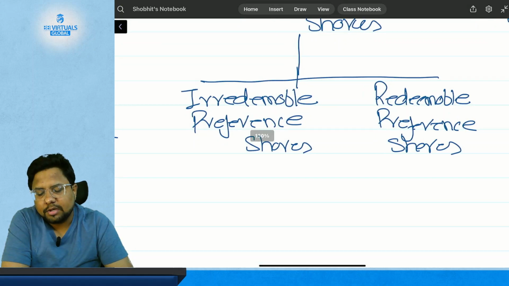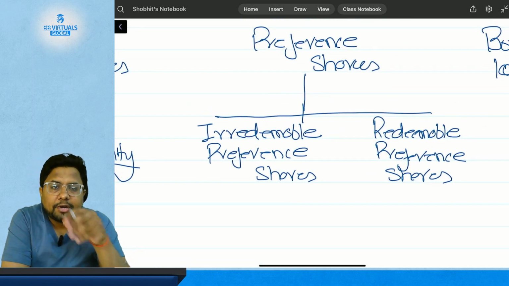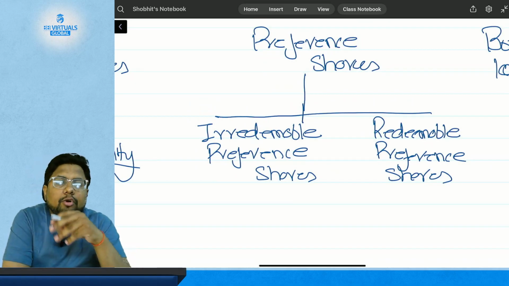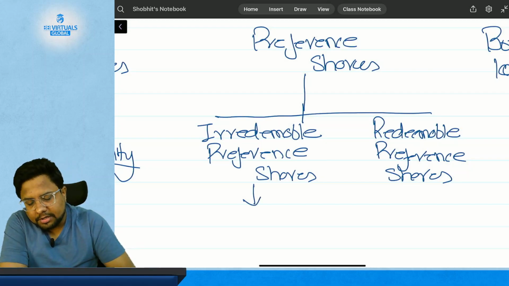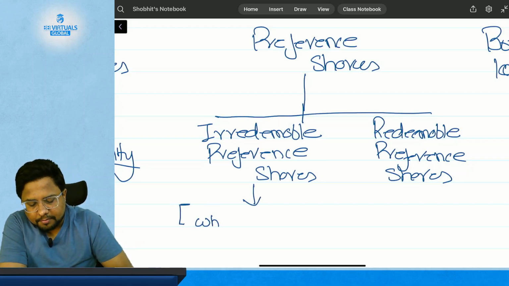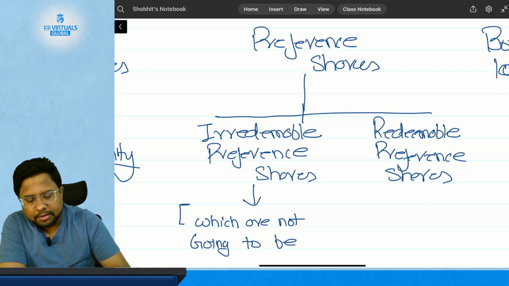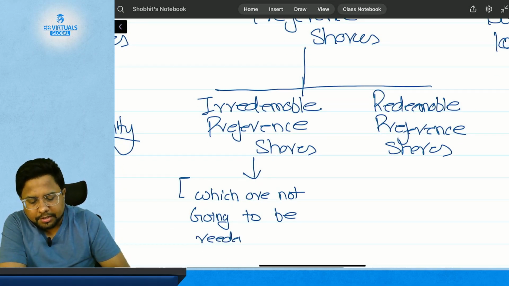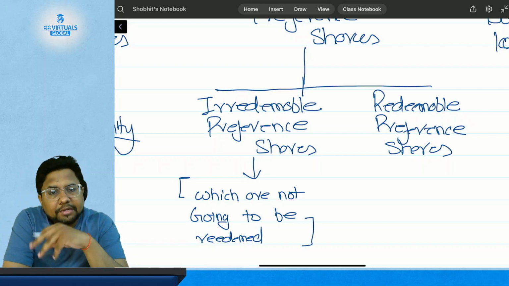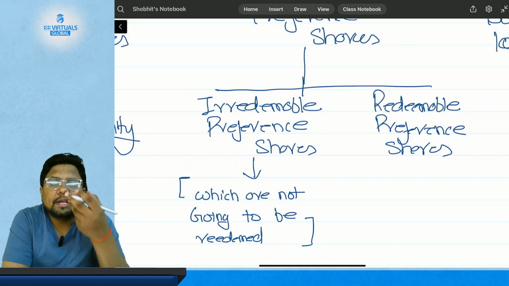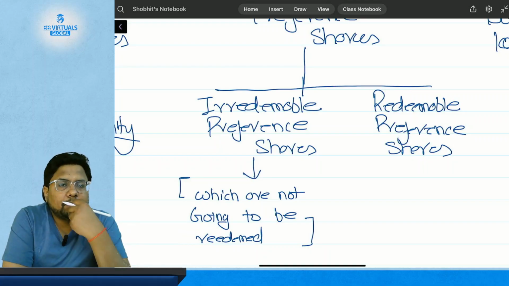Now let's start with the first type of preference share, which is irredeemable. That means these preference shares are not going to be redeemed at any time in the near future. As they are not going to be redeemed, the company is not obliged to pay back the amount to the preference shareholder.